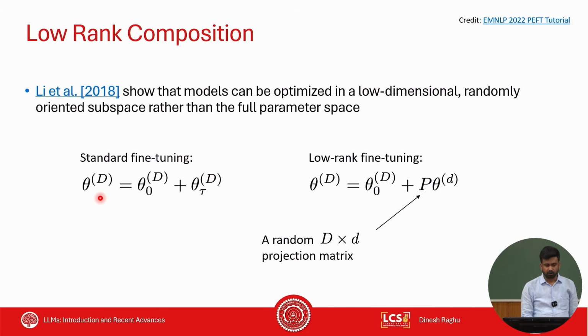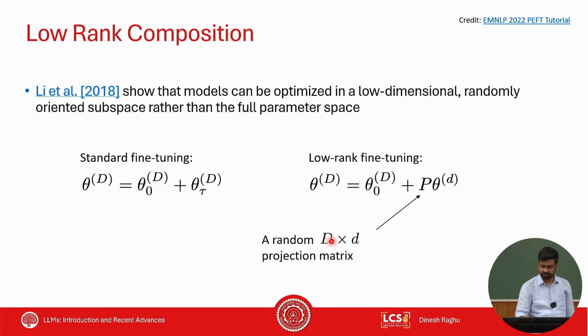Now, what this paper said is that for every task, you don't need that many dimensions. Maybe for some tasks, you just need very few dimensions and the model will learn it. So what they said is that if you have a random projection matrix, randomly initialized and fixed, which we are not going to train, then there is a certain d-dimensional vector.